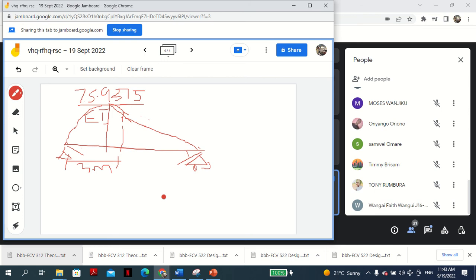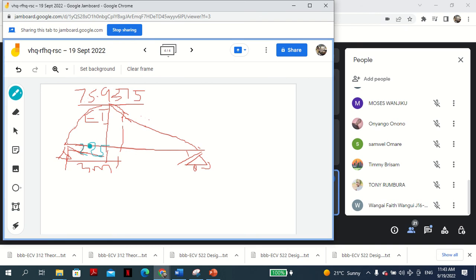of the curve. Now we know that this is 2.25. Okay, let me use a different pen. 2.25.